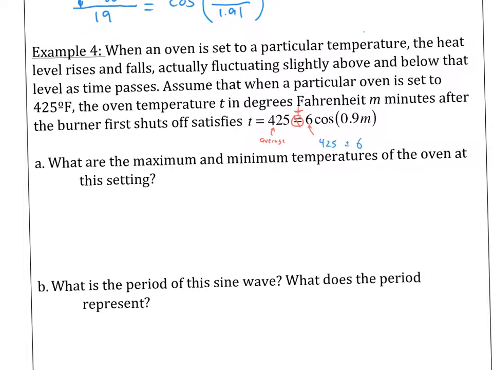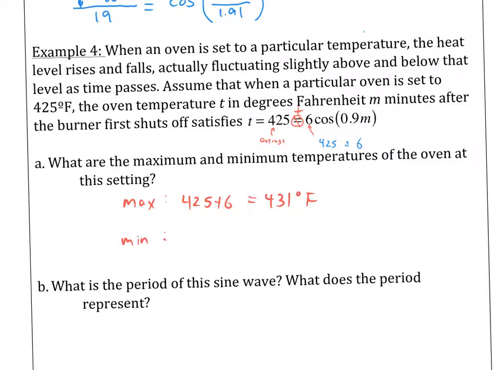So that means we now have the average. The amplitude is 6, so we know it's going to get above that or below that. So what's my max? My max is 425 plus 6, which means it could get as high as 431 degrees Fahrenheit.